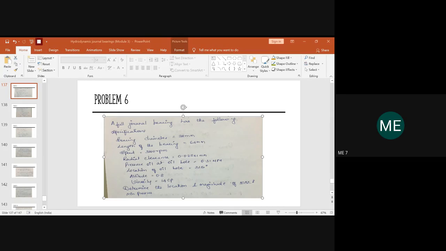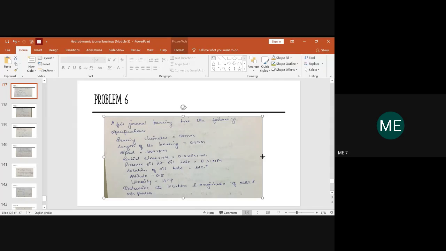So you'll have positive and negative pressure distribution. In the problem, with respect to the given data, you should be able to identify where the pressure is maximum and minimum, and the inclination angle for maximum and minimum pressure. This type of problem will be given in the examinations or even in the internals, so you should know how to solve it.